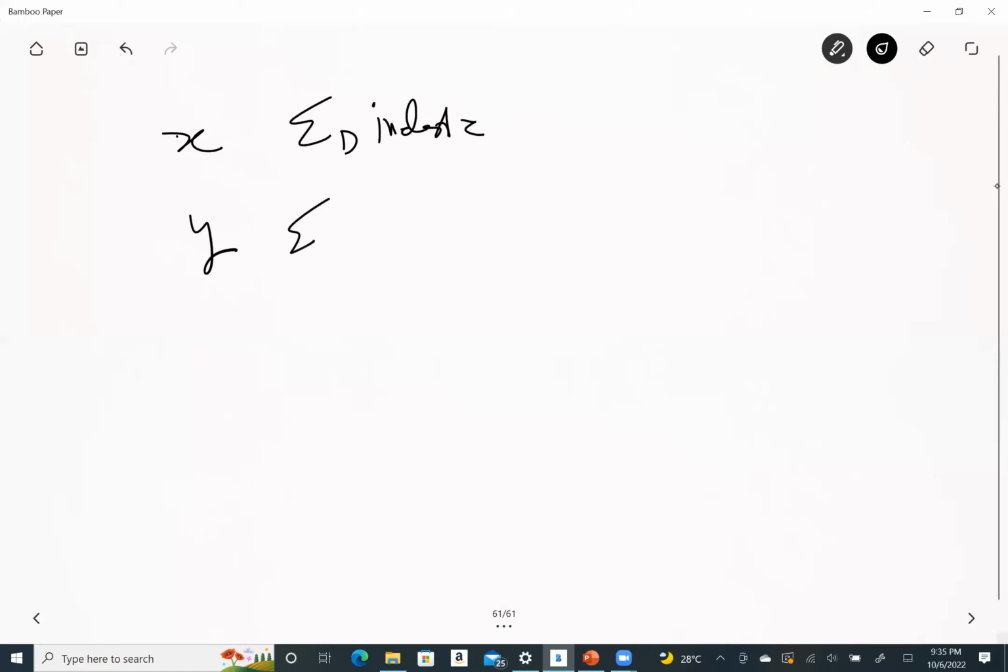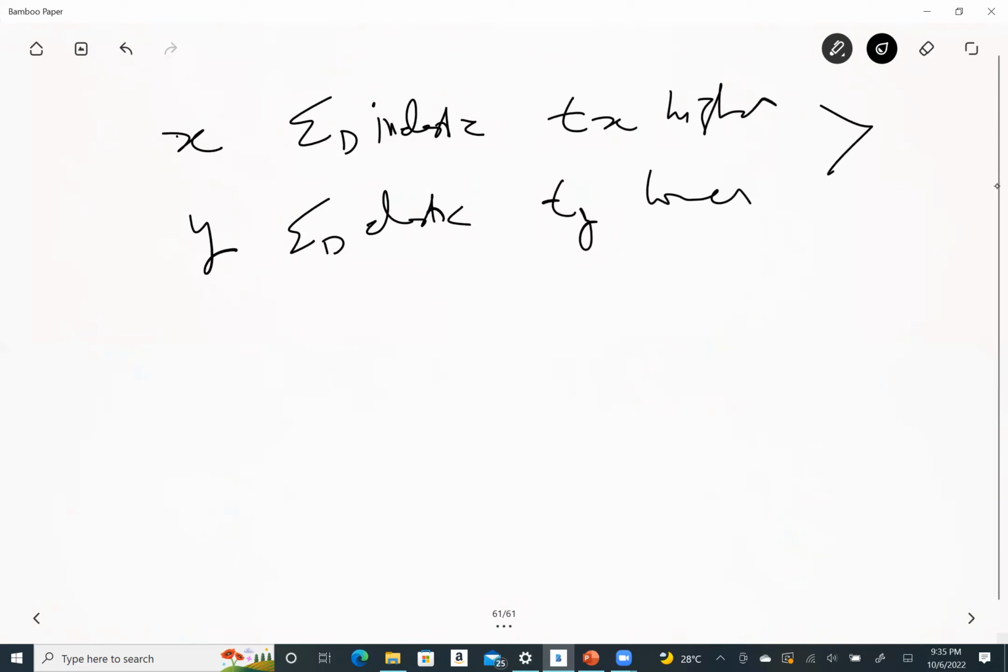The demand for Y is more elastic. So under the efficiency rule, the inverse elasticity rule, the tax on X should be higher. The tax on Y will be lower. By doing that, the total excess burden will be lower.